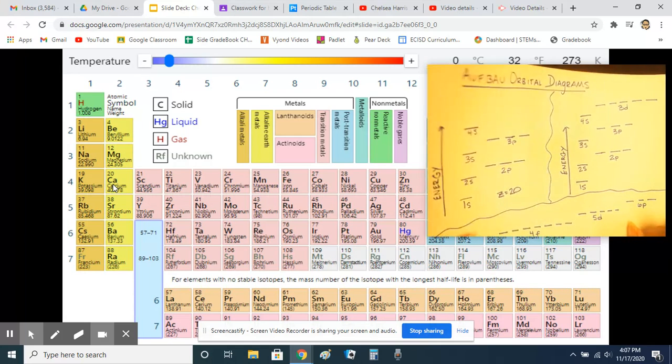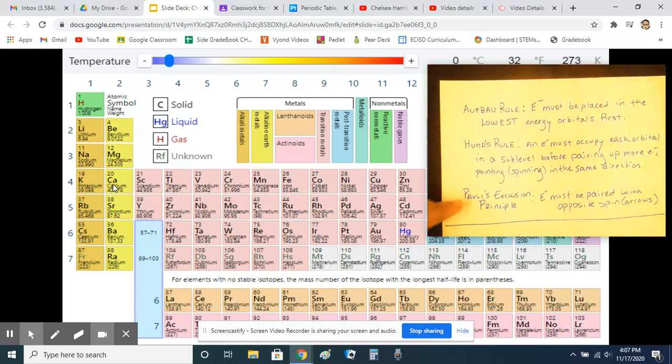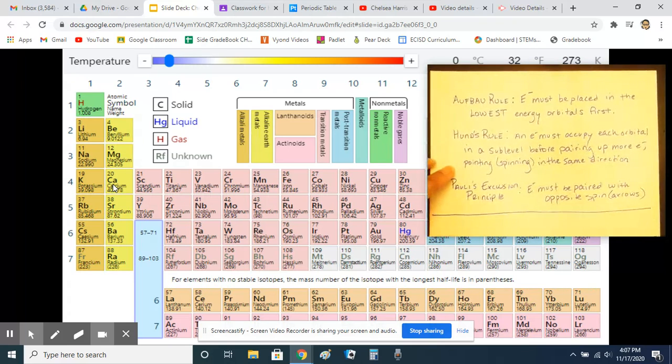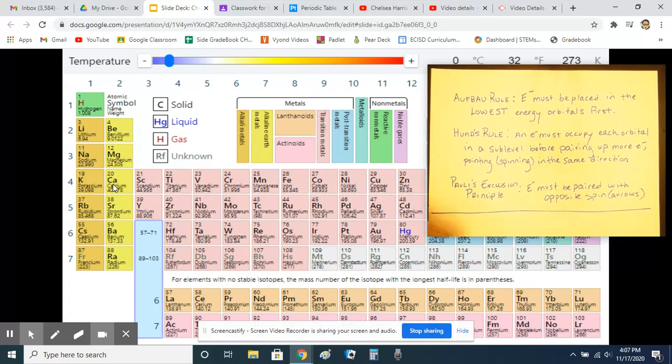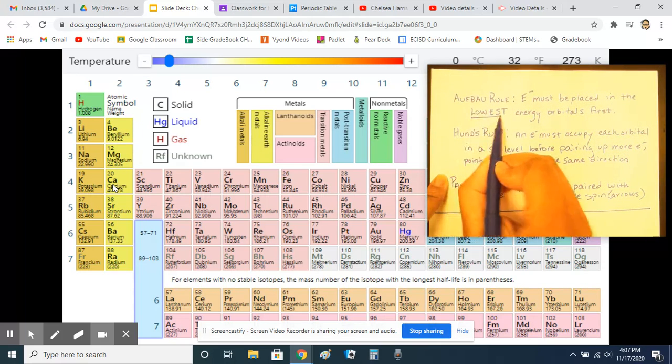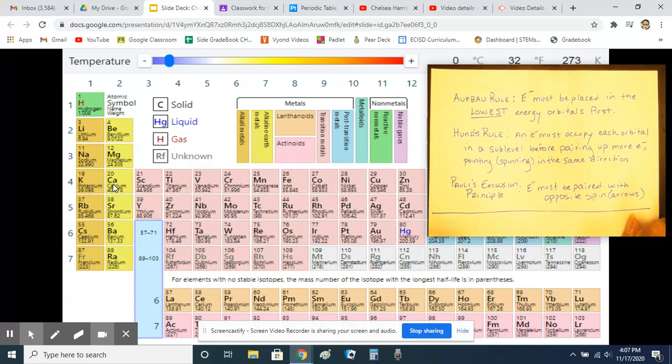Now, how do you fill these in? Well, you're hopefully already familiar with the rules on how to do this. And here are those three rules. The first is called the Aufbau rule. It basically says when you put these electrons into their locations, the electrons must be placed in the lowest energy orbitals first.